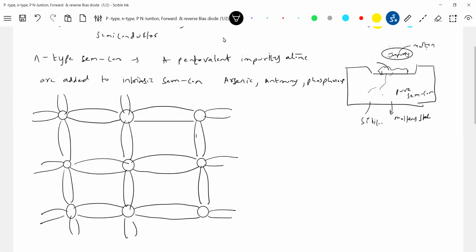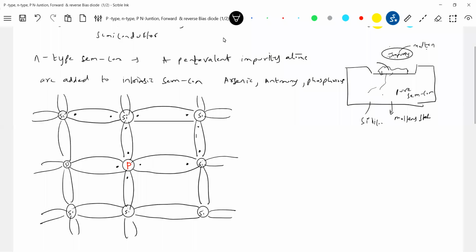This is the impurity atom, phosphorus, I'll write it, and these are the silicon. Like that, a covalent bond will be formed, and these are the valence electrons. Phosphorus, a pentavalent atom, will use 4 of its outermost valence electrons. It will share with the adjacent silicon atom and form a covalent bond.